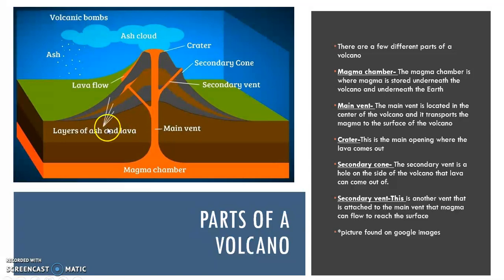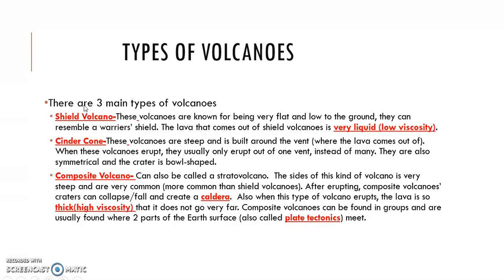And then I didn't add to the side, but usually when a volcano erupts, there is an ash cloud, which is small pieces of a gray substance, which floats to the ground, and it can be thick. And then also when volcanoes erupt, there can be solid pieces that explode out as well.